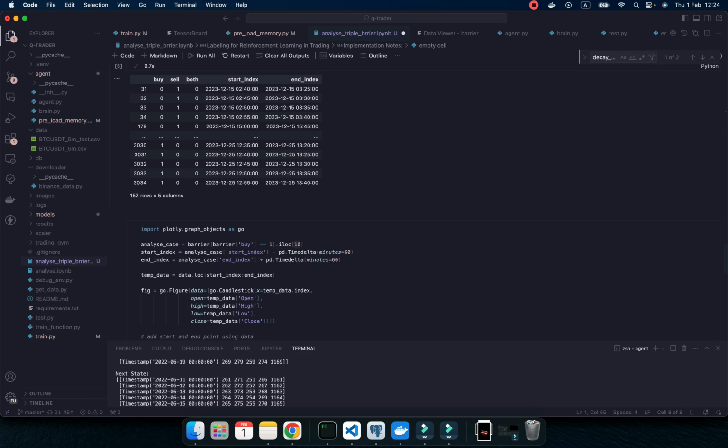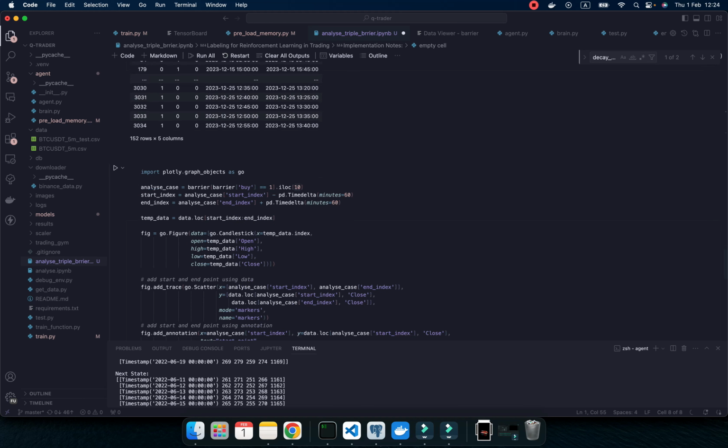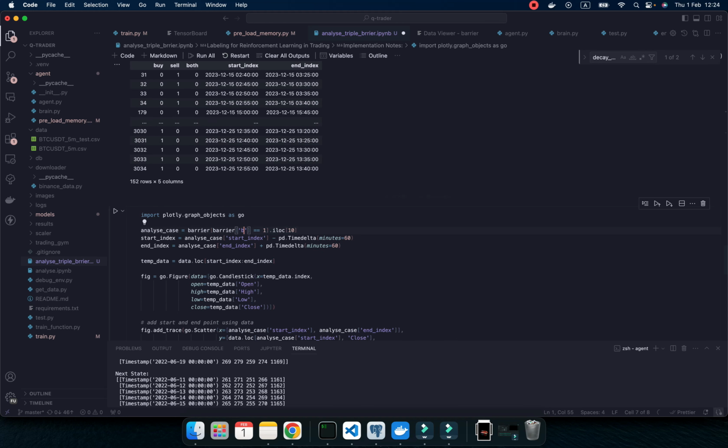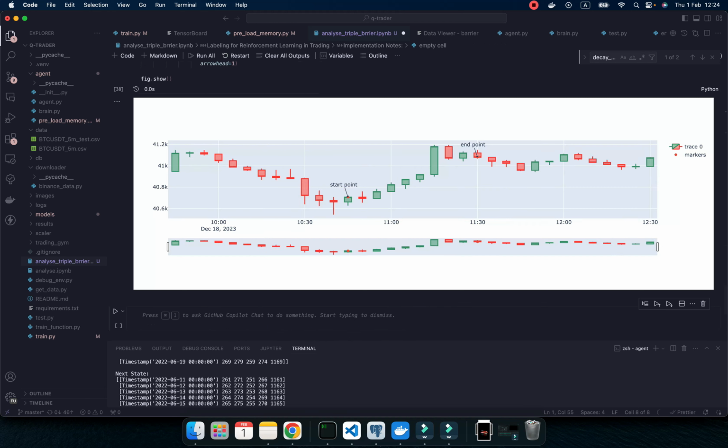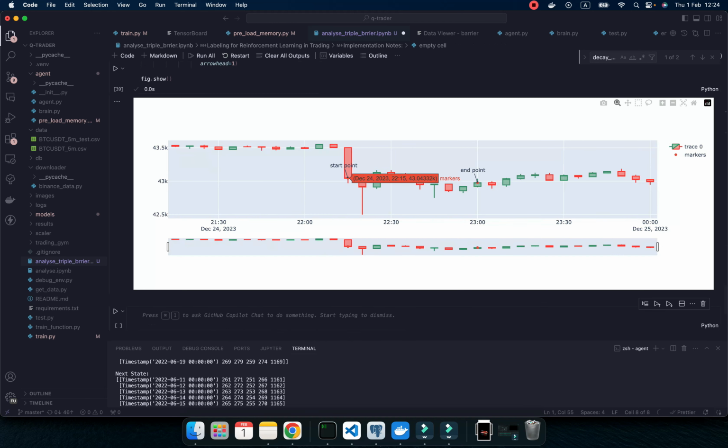And another, I would like to look at both. It means when both buy and sell happen. I looked at this data frame and I have only one such situation. It means our index would be 0. Okay, you see, the start point is inside this.